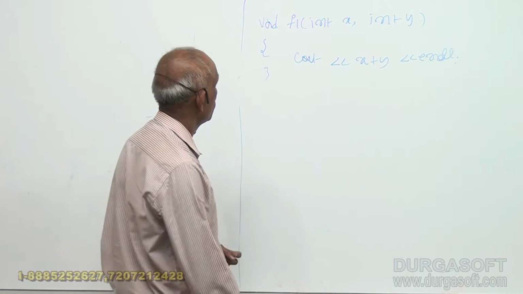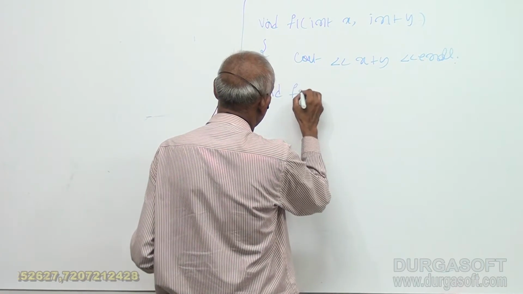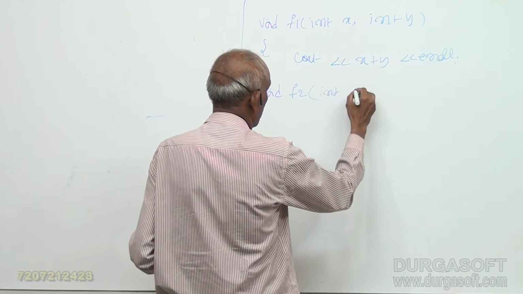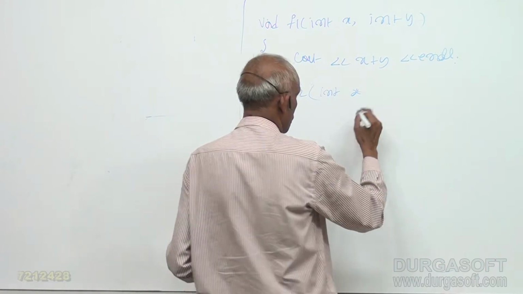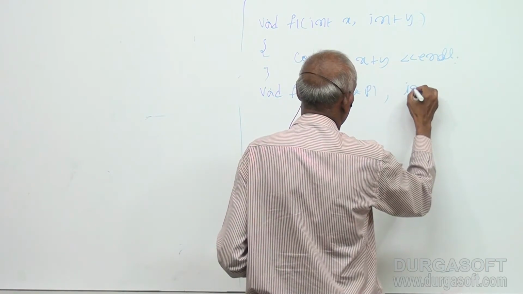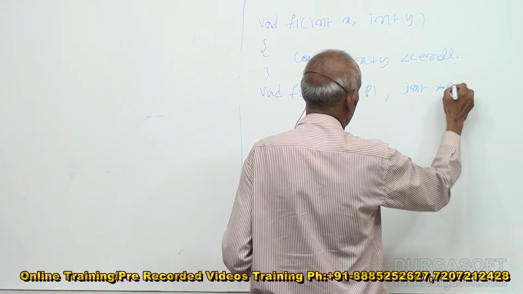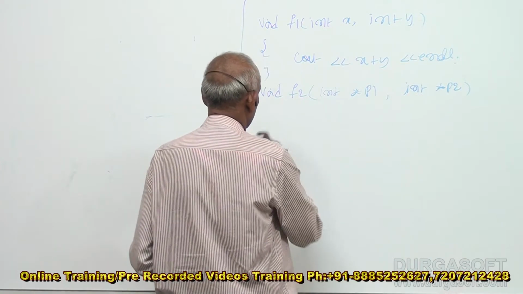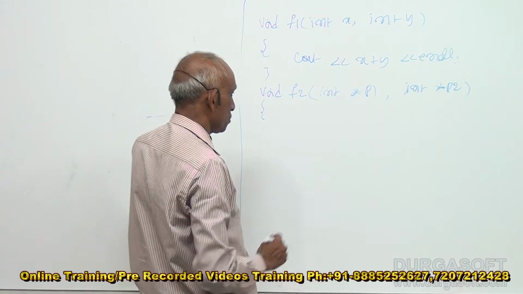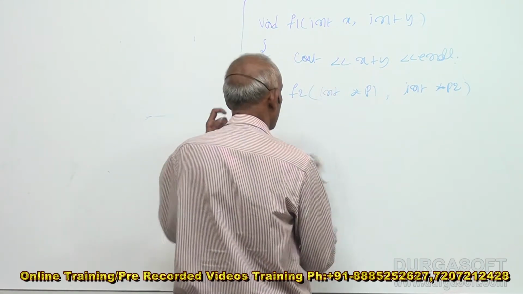This is one function. Another function is void f2. It takes addresses: int star p1, int star p2. Suppose this prints the subtraction.